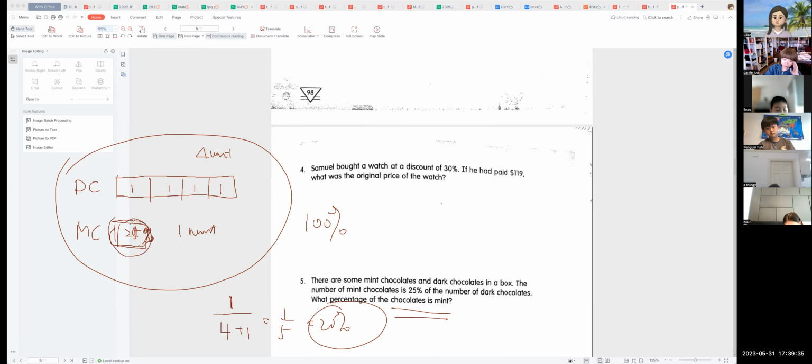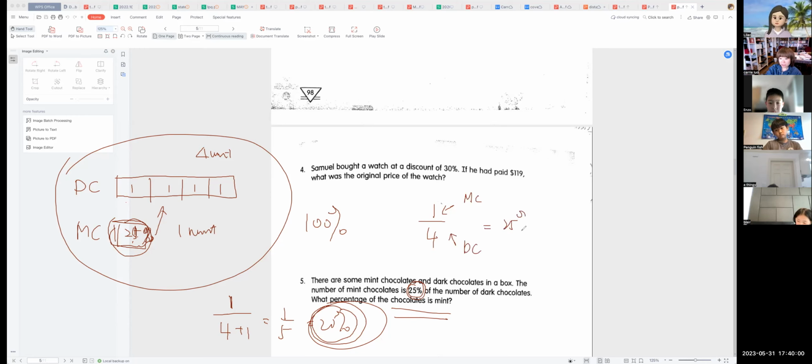And this 25%, 那有个小朋友说，老师，那为什么 sometimes it's 25%, why it is 20%? Because this 25% is mint chocolate to dark chocolate. But this 20% is mint chocolate to the whole entire box. So this 1/4 is because 1 is mint chocolate and 4 is dark chocolate.